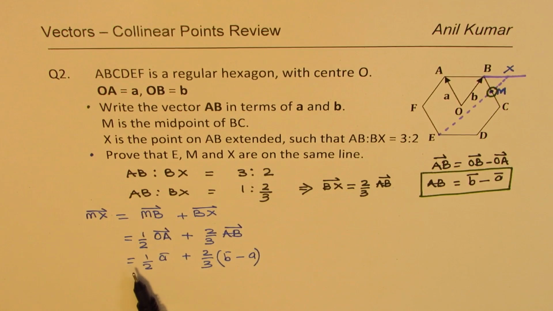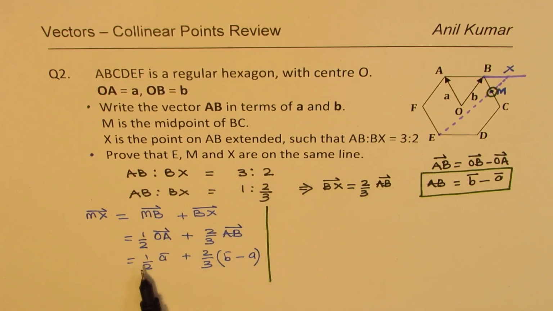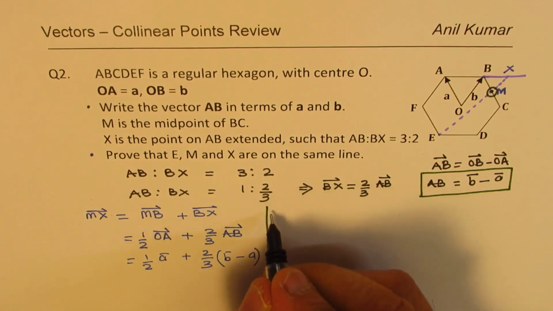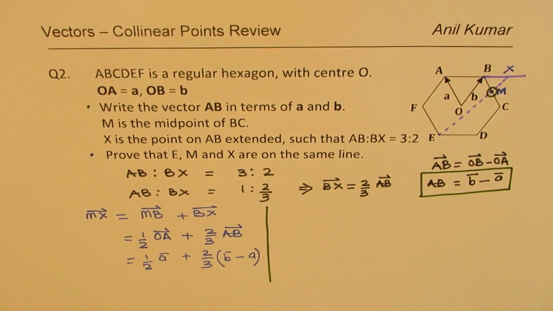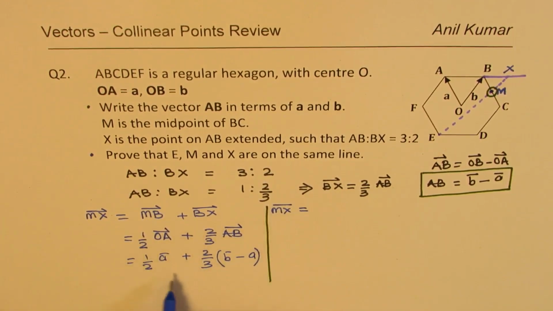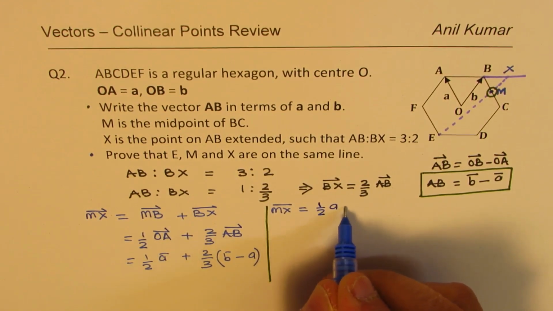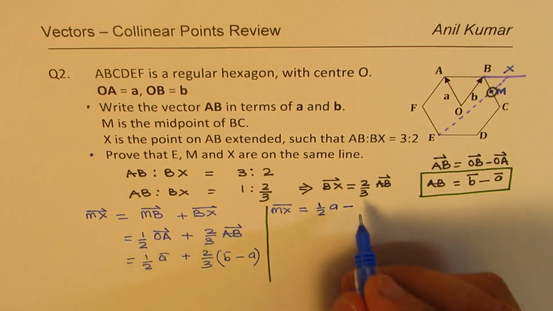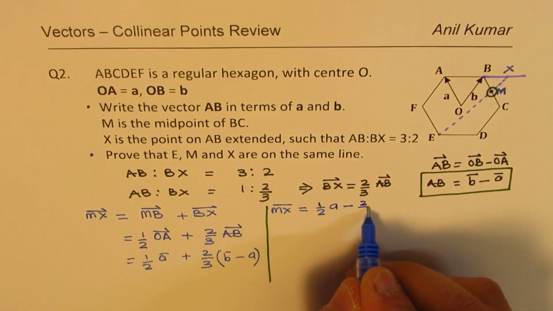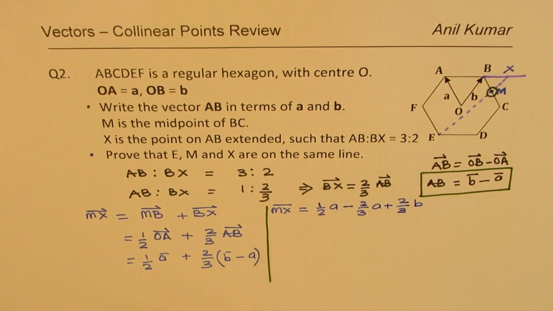Now we just need to simplify this, correct? So let's simplify and write it down. So we are going to open this bracket and write MX as equal to half of A, then 2/3 with minus sign A first, plus 2/3 B. Okay.